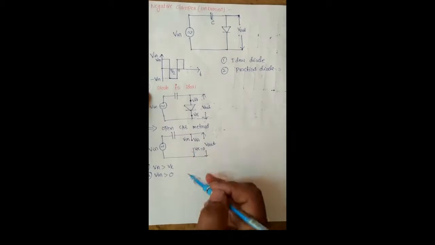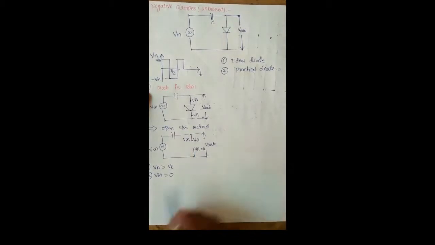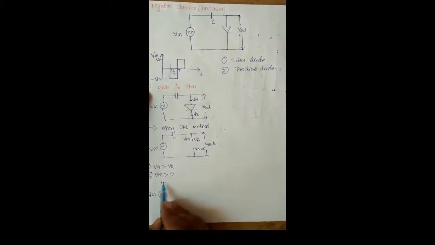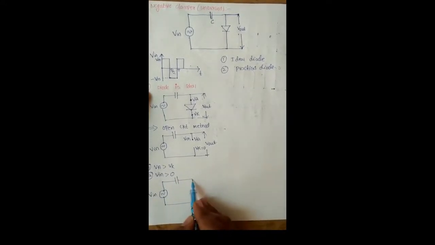If the input voltage is greater than 0, the diode is forward biased, and at that time the diode is short circuited. Here we apply the input voltage, connect the capacitor, short circuit the diode, and take the output.